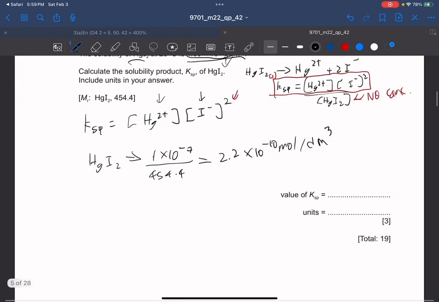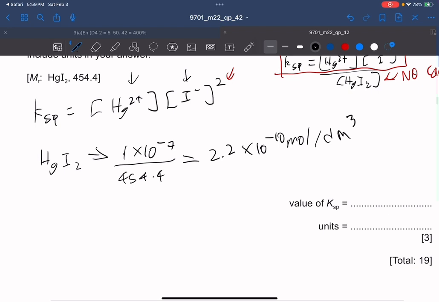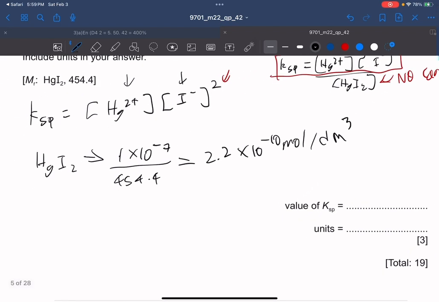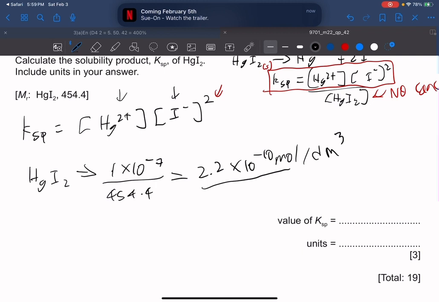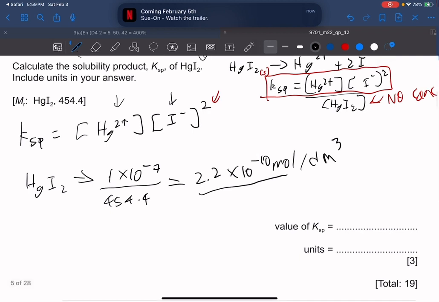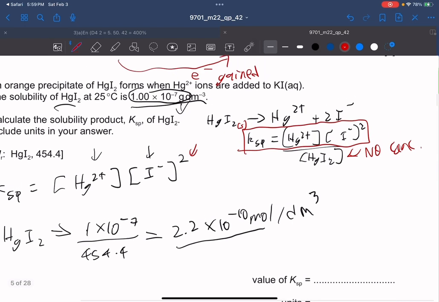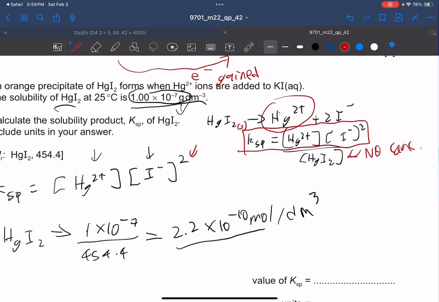And now we're going to have to figure out how to work this out. So if you have 2.2 times 10 to the minus 10 moles of this HgI2, it means that we have 2.2 times 10 to the minus 10 moles of Hg2+, because this is in a 1-to-1 ratio here.